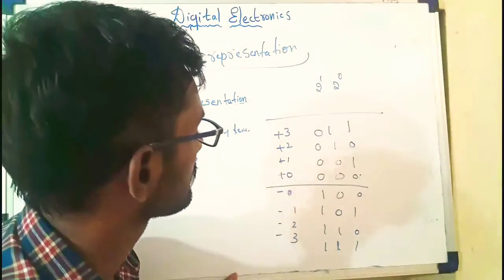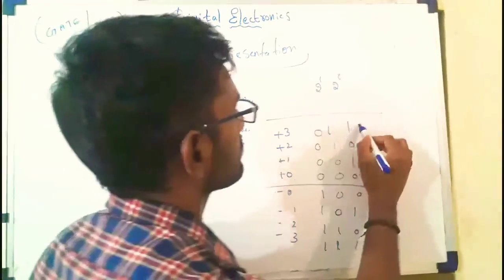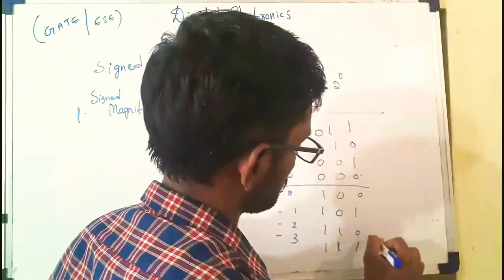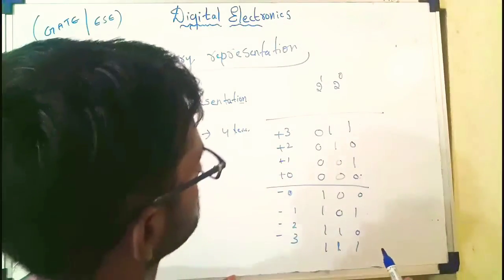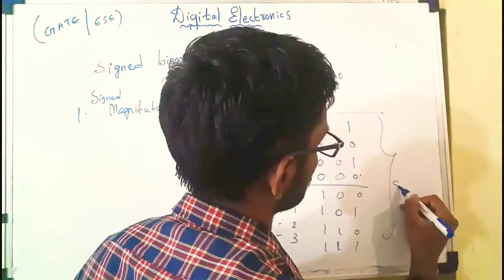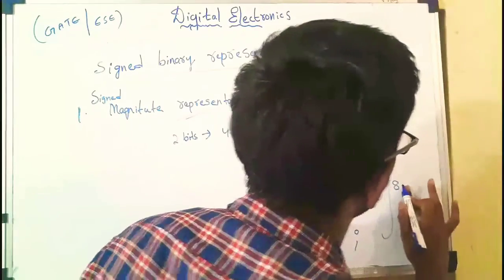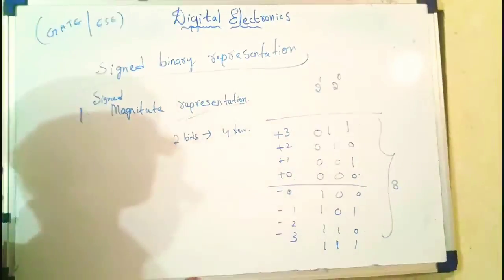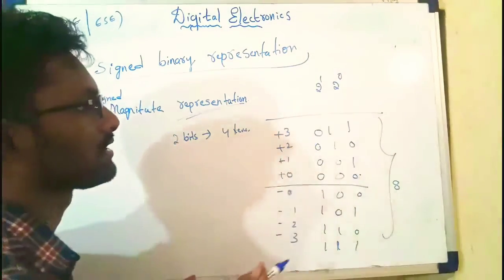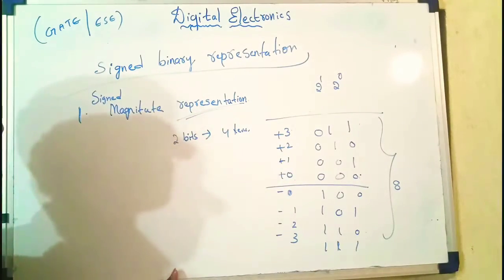Here, the total values are 1, 2, 3, 4, 5, 6, 7, 8. In total, there are 8. That means for 2 bits, we are getting 8 values.